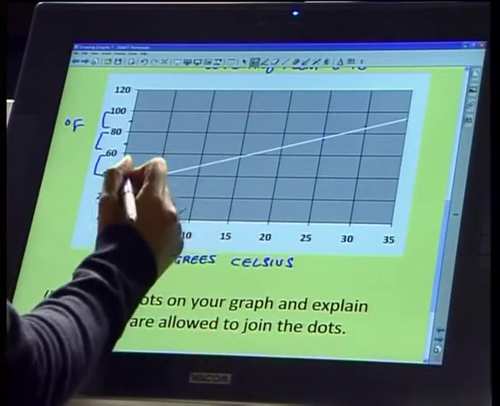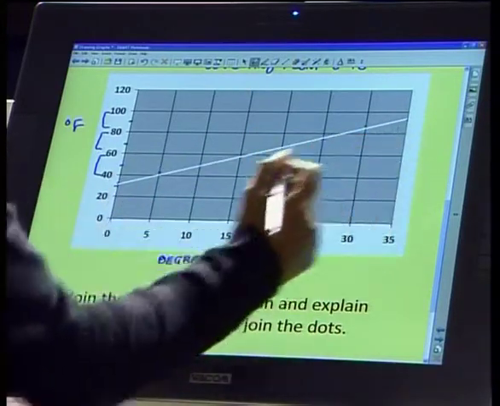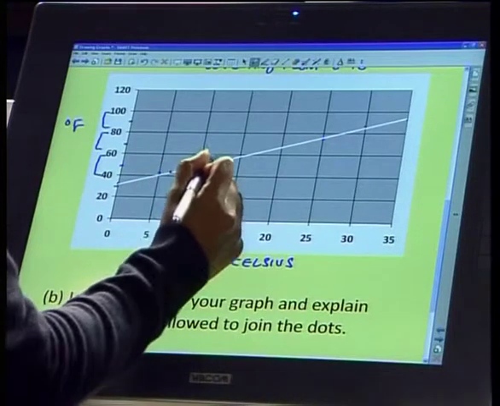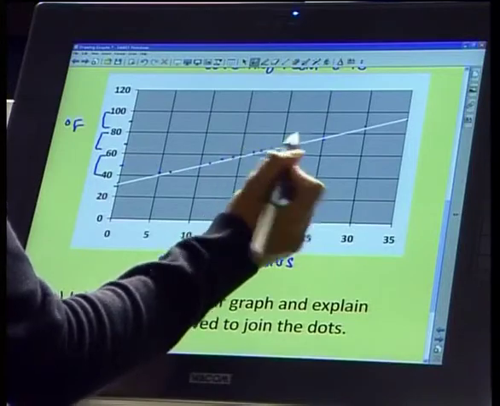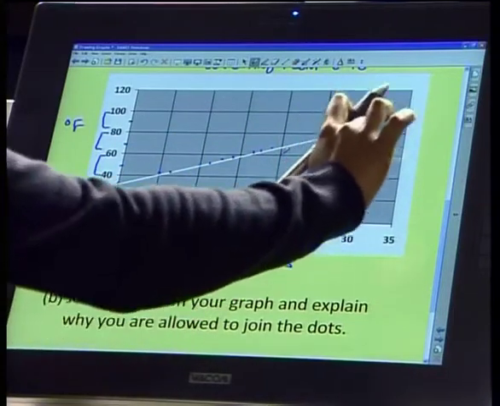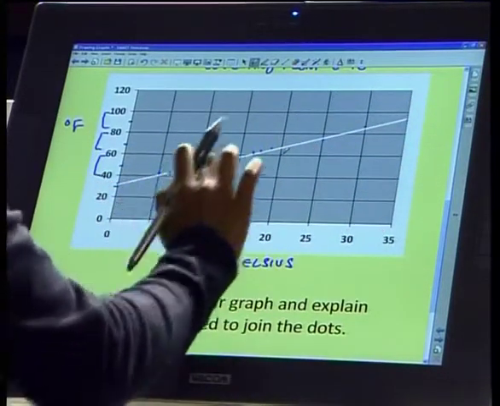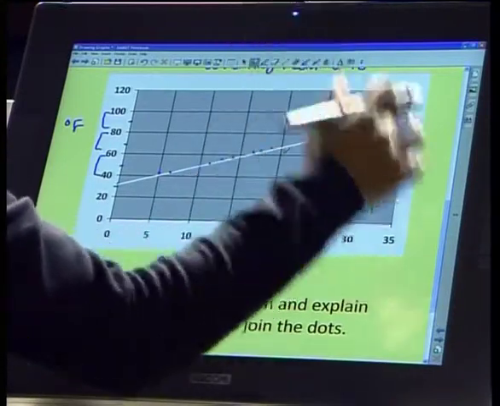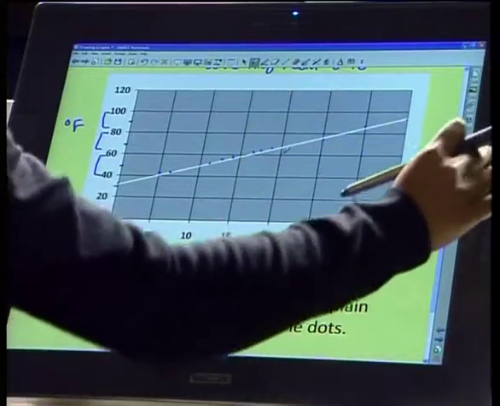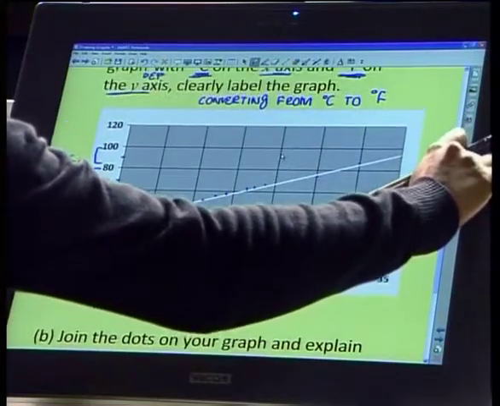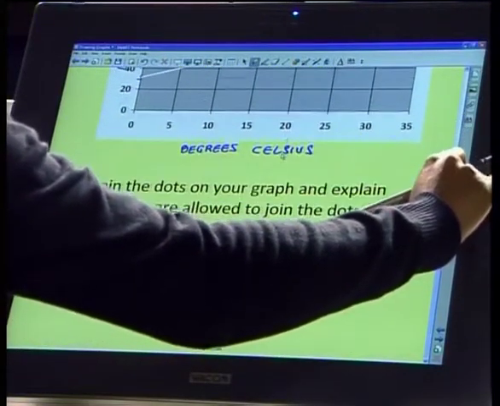That's very, very possible. Therefore, a straight line gives us in-between values that are all allowed. So when we join the dots and get this straight line, it means we are basically taking any in-between value, and that means that we are dealing with continuous data, and that is the reason we are in fact allowed to join the dots on this graph.